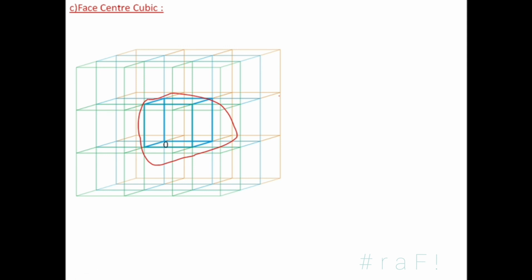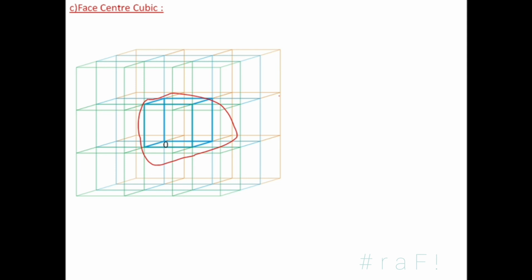For this one, let's take one atom as origin O. Okay, in the FCC structure, the nearest neighbor atoms to the corner atom are the face centered atoms and not the corner atoms. For any corner atom, there are 8 unit cells surrounding it.